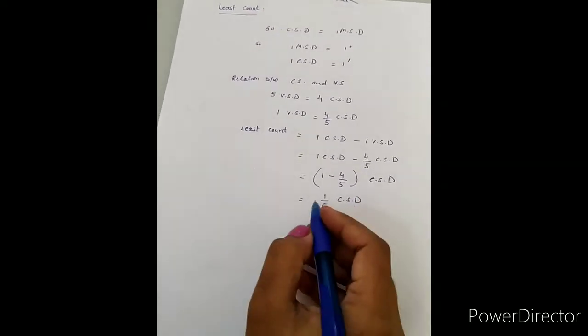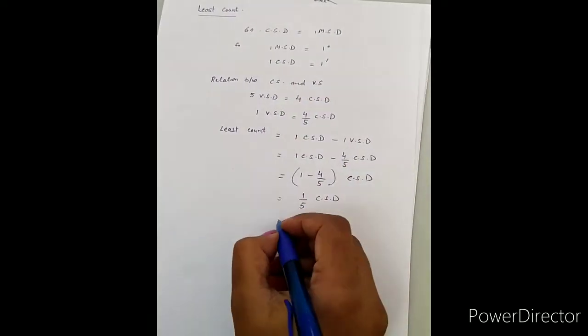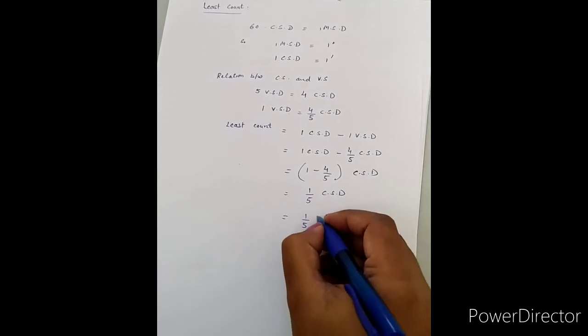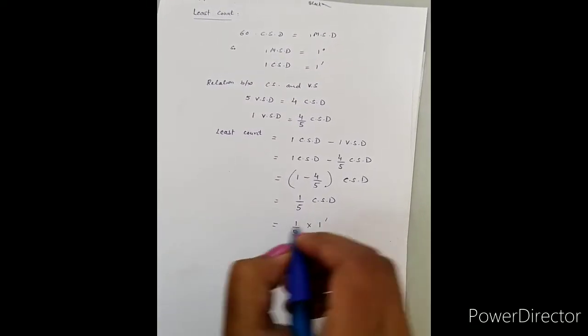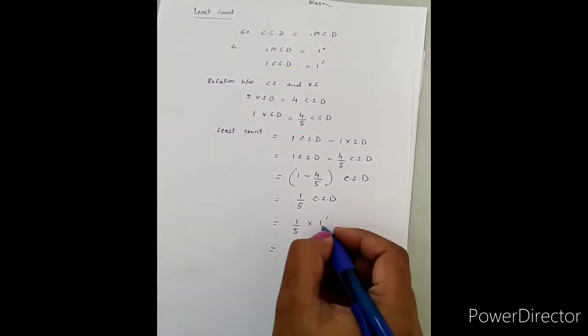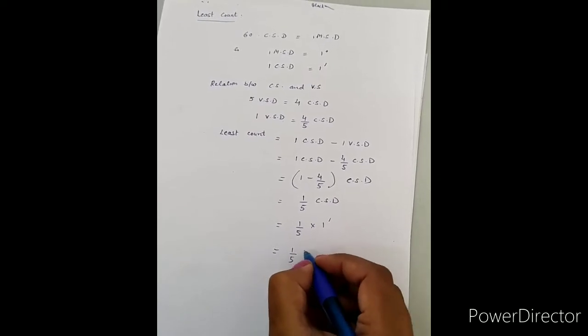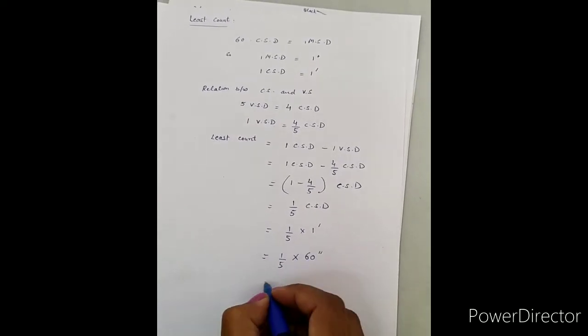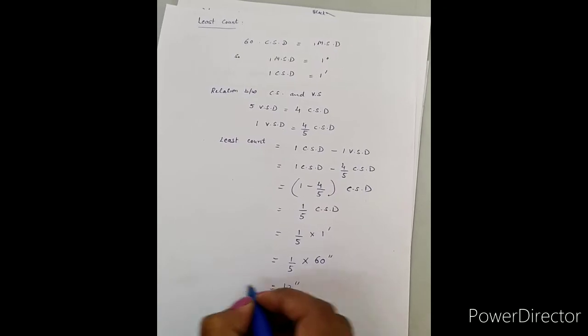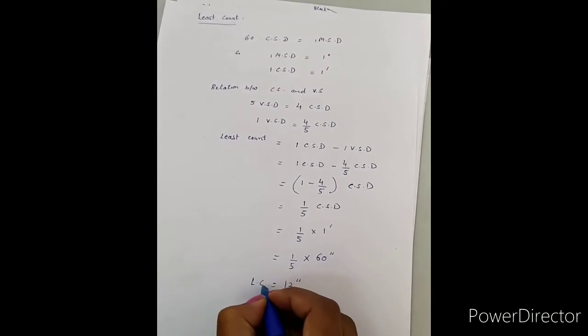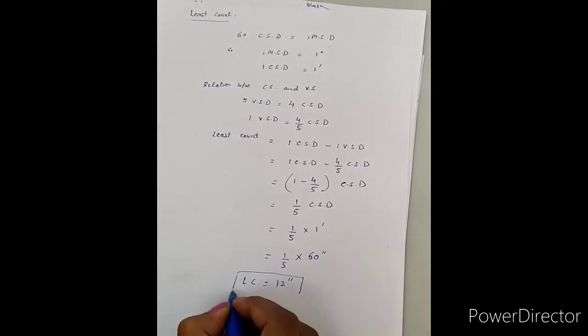The value of 1 CSD was 1 minute. Converting into seconds, 1 minute is equal to 60 seconds, so it is 12 seconds. So the least count is 12 seconds.